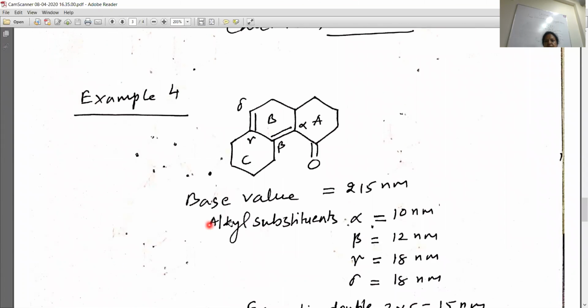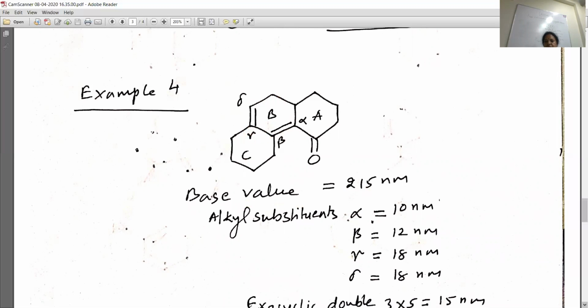In this example, it is a very good example. Base value 215, alpha means this, 10 nanometer, beta this, 12 nanometer, gamma it is 18 nanometer, delta it is 18 nanometer, right?